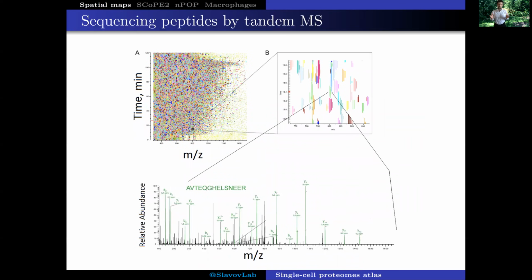Now, this slide is a half-minute introduction to liquid chromatography, tandem mass spectrometry approaches to identify and quantify proteins.